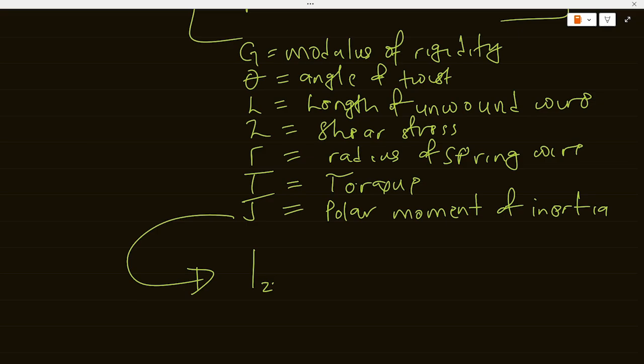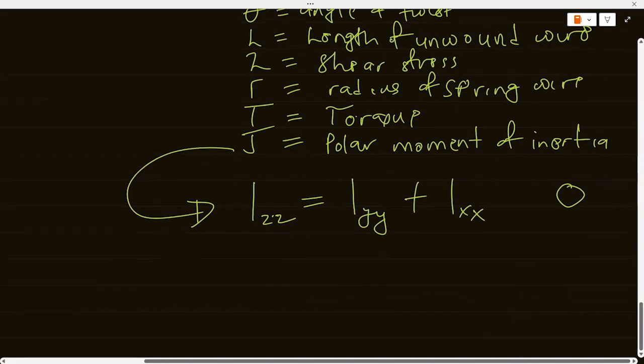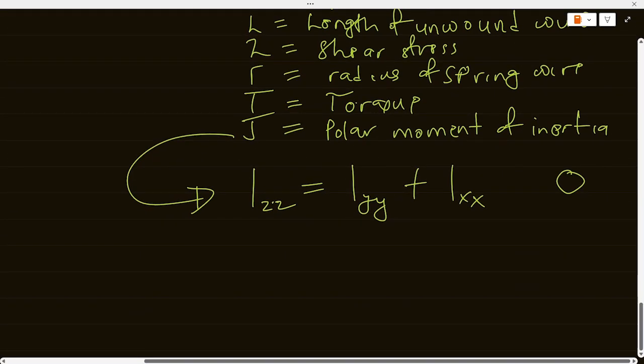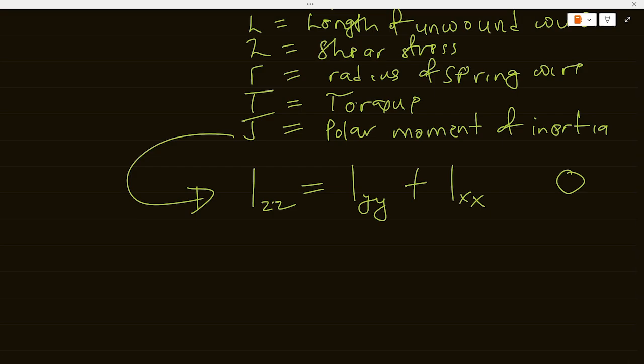So Izz in the perpendicular axis theorem is equal to Iyy plus Ixx. And remember, when we are dealing with springs, the cross-section of a spring is basically circular, and the moment of inertia for a circular cross-section is pi d^4 over 64.